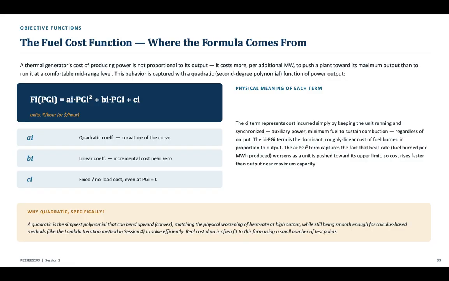The Ai Pgi squared term captures the fact that heat rate, fuel burned per megawatt-hour produced, worsens as the unit is pushed towards its upper limit. So cost rises faster than the output near maximum capacity. Okay. So why quadratic specifically?